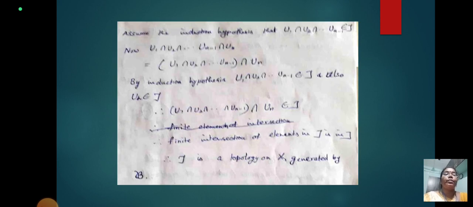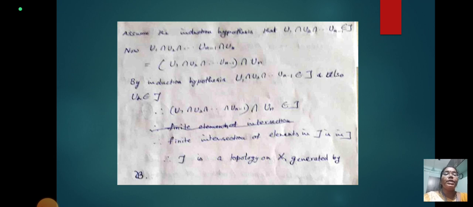Assume that the induction hypothesis for n minus 1 is true. That is, U1 intersection U2 intersection etc. U(n minus 1) belongs to tau. Now we have to prove for n.